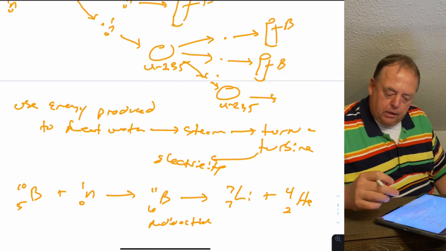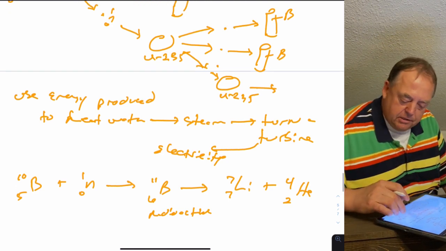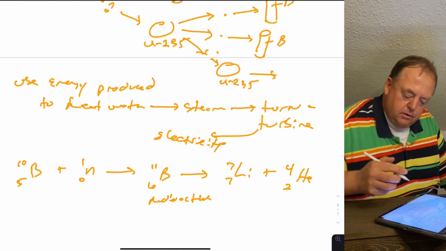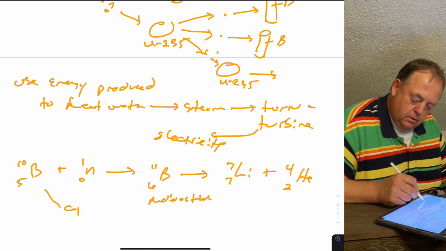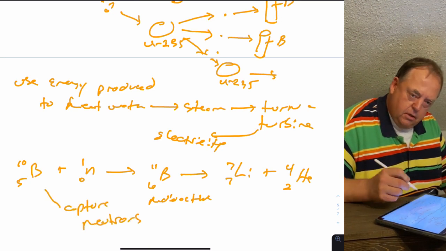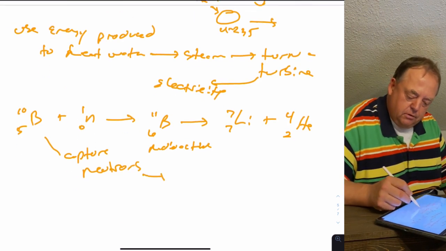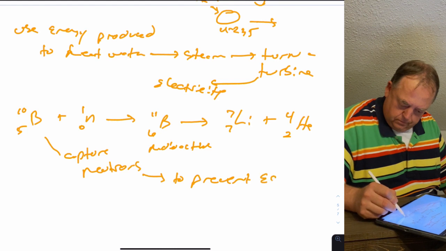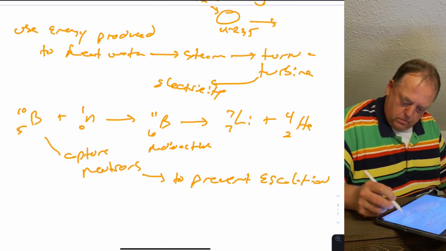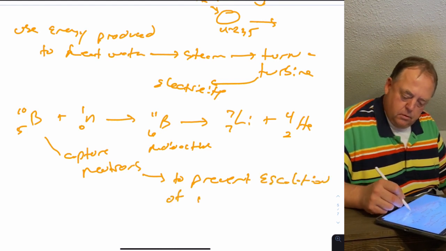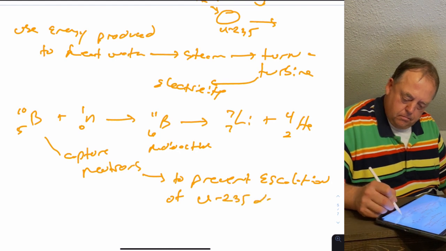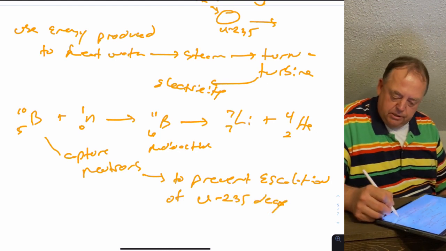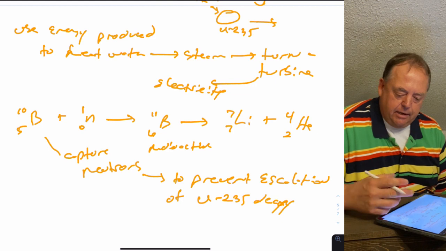So you're still generating a lot of radioactivity in the process, but at least you're capturing neutrons to prevent the escalation of the uranium-235 decay from getting out of hand.